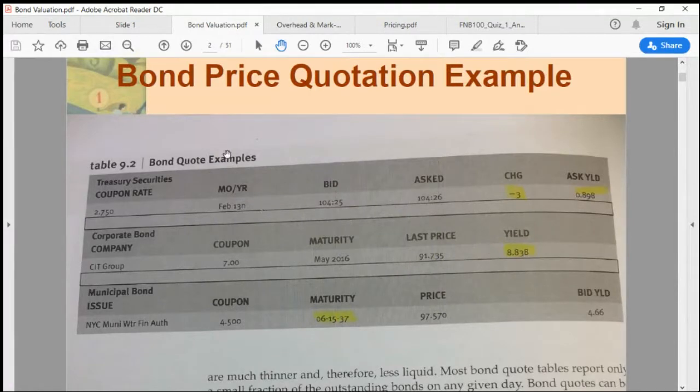And if February 2013 is the maturity, most likely this Treasury note was issued in March 2003, and then end of February 2013 will make it exactly 10 years, right? So that's what that N means.